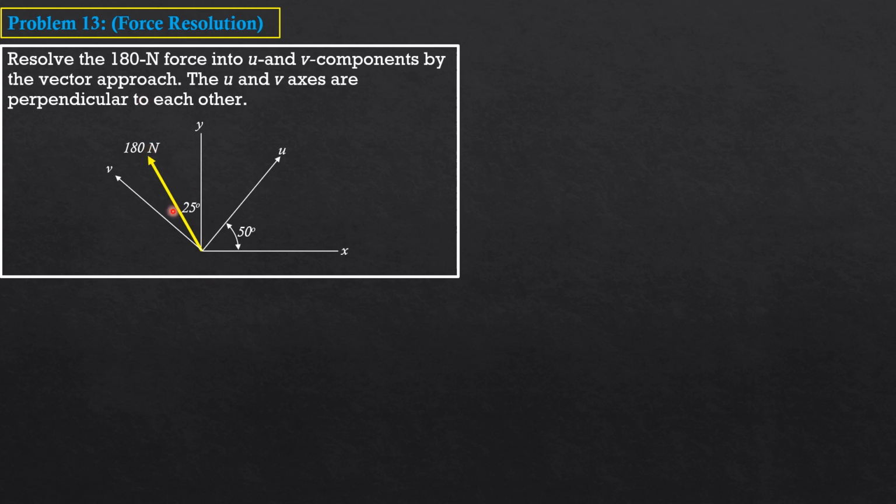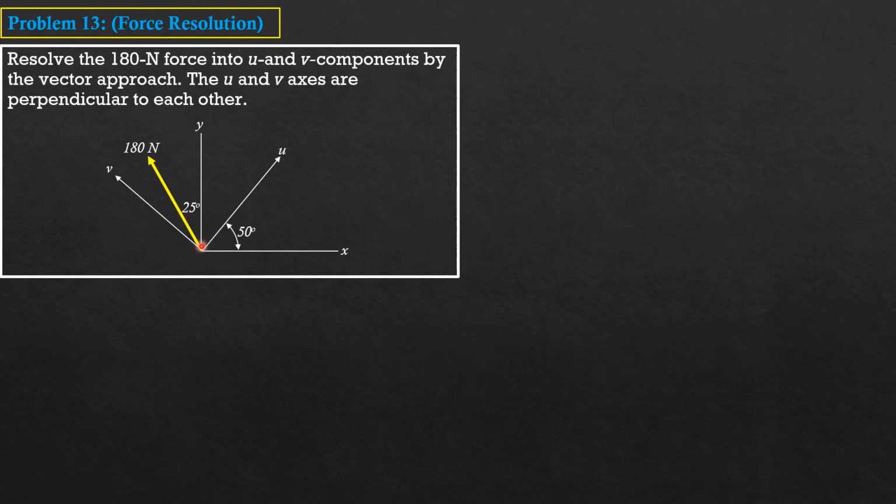From the figure, the 180 Newton force is directed up to the left, so the angle it makes with the positive x-axis counterclockwise, which is the positive direction of angle, is 90 degrees plus 25, so that's 115 degrees.